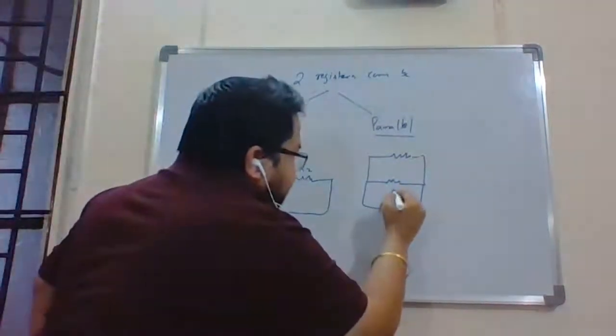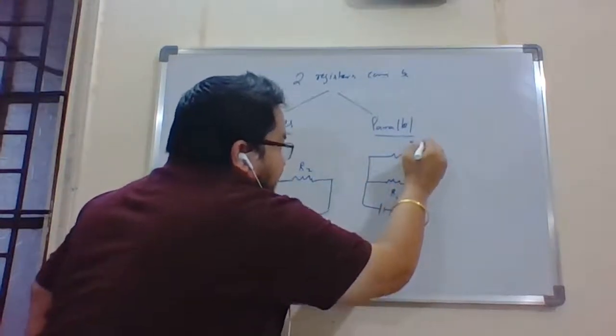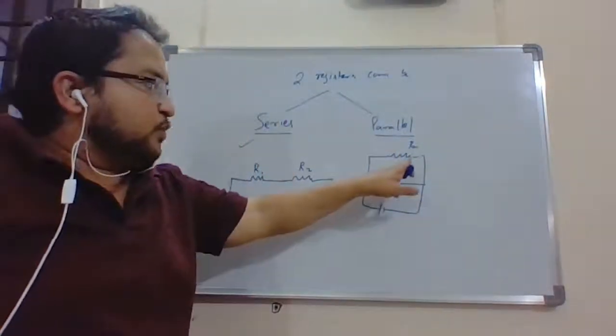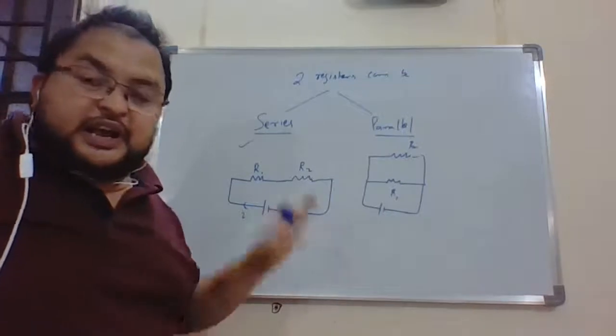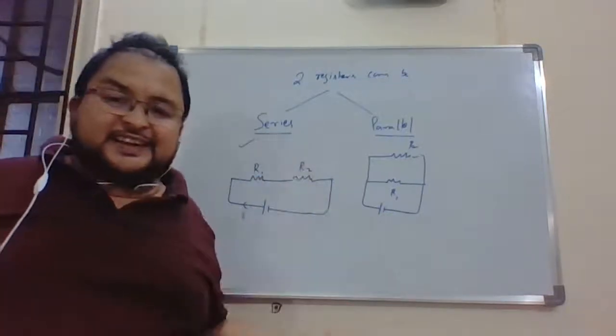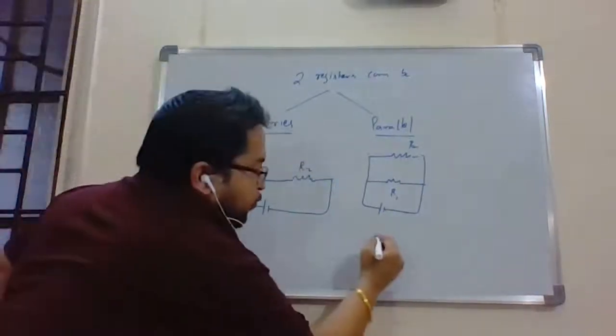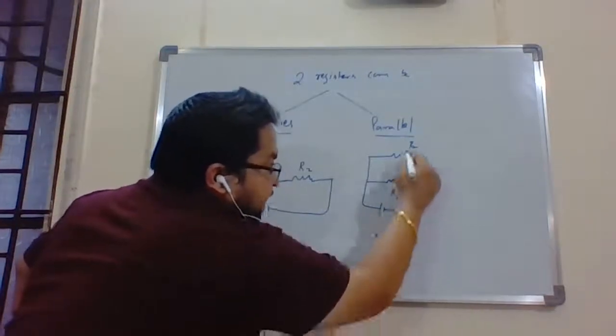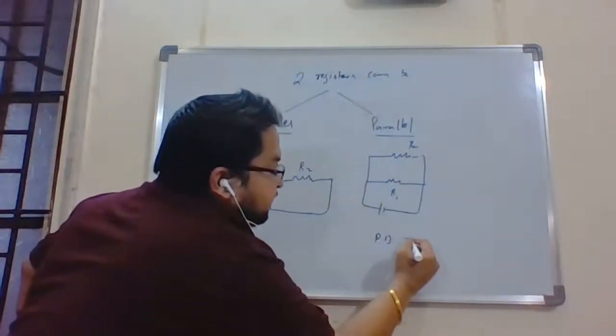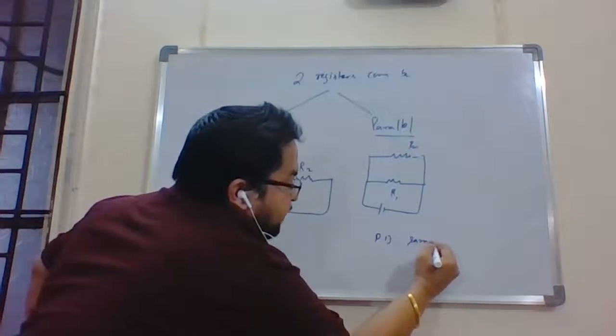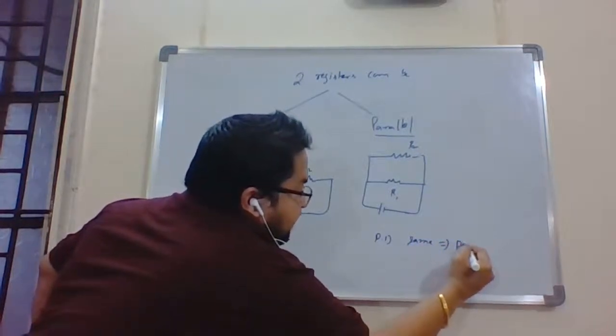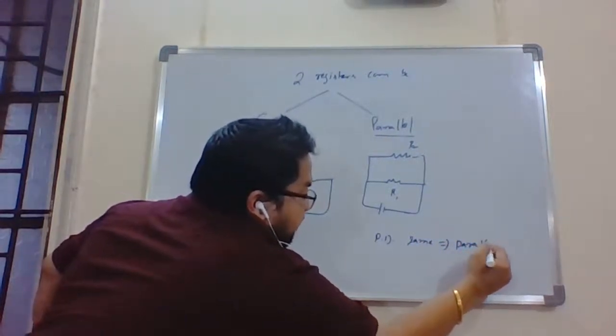In this situation, R1 and R2 are said to be parallel to each other. And the classical definition again says that when the potential difference across two resistances is the same, then they are said to be parallel.